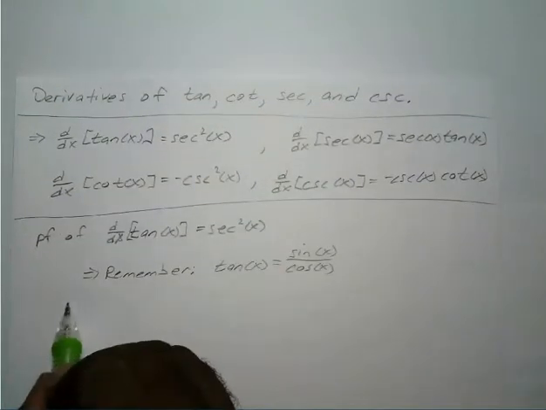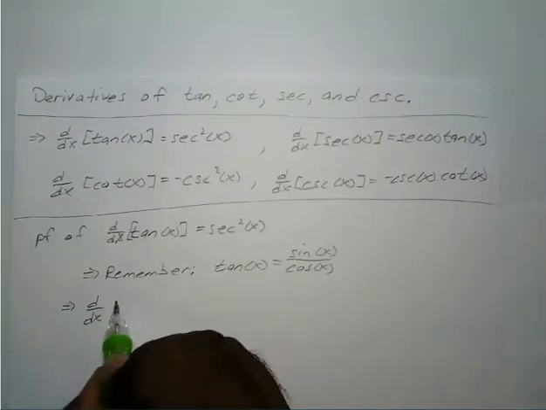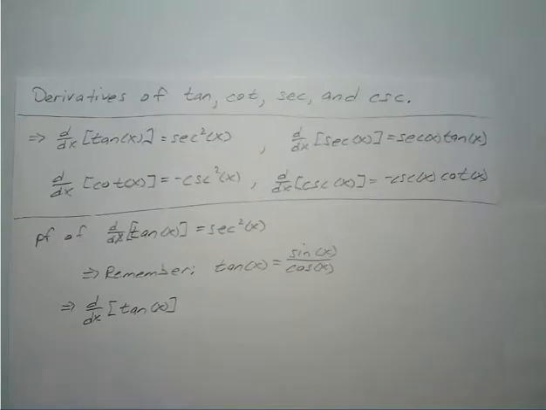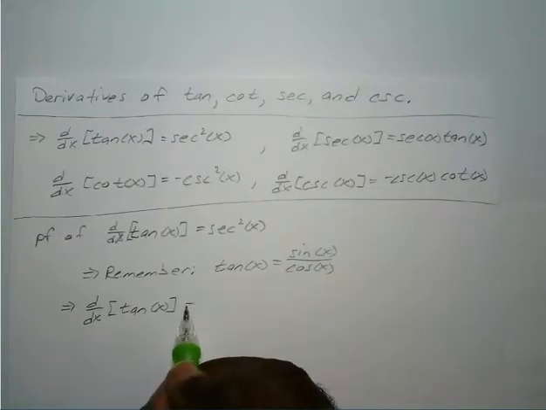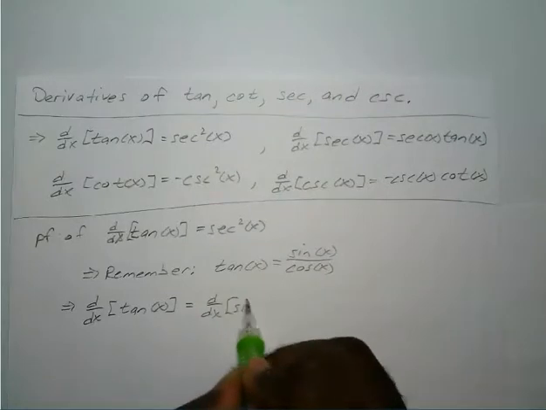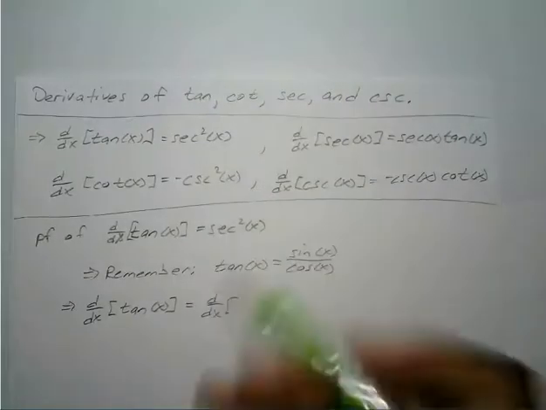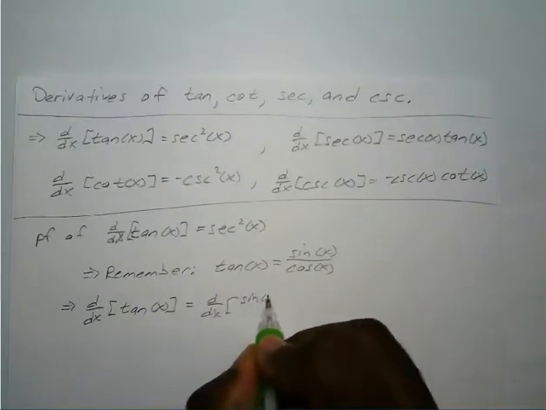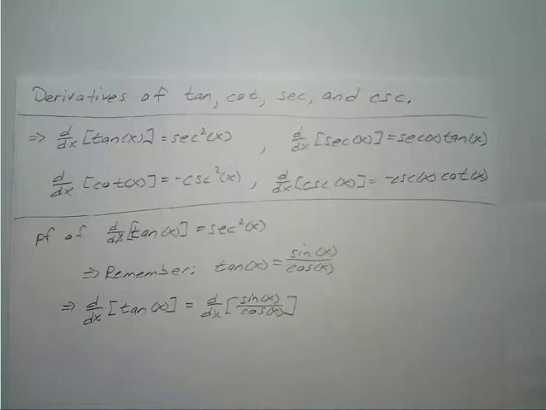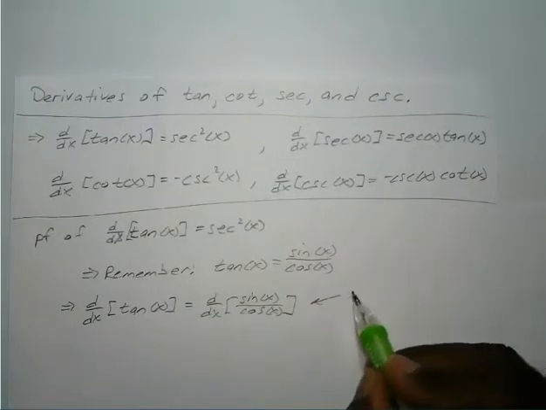Alright, so that means the derivative of tangent x can equal the derivative of sine of x over cosine of x. Okay, and from there we just apply the quotient rule.